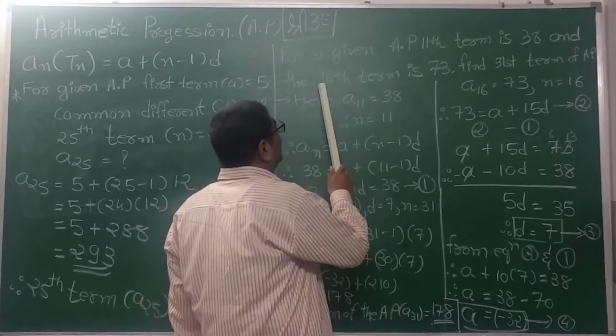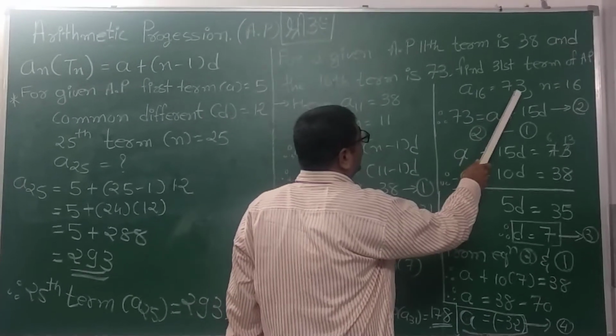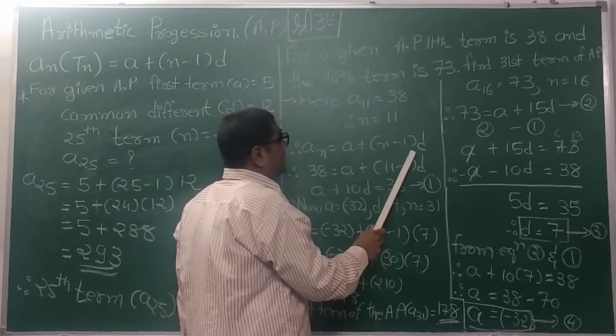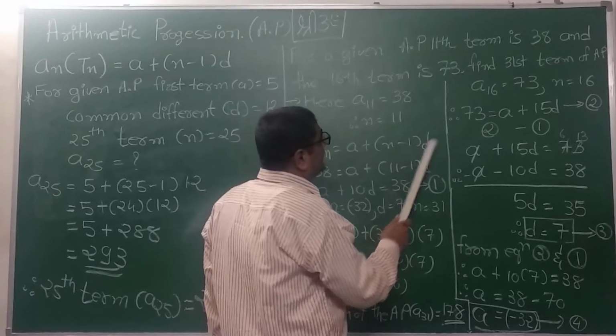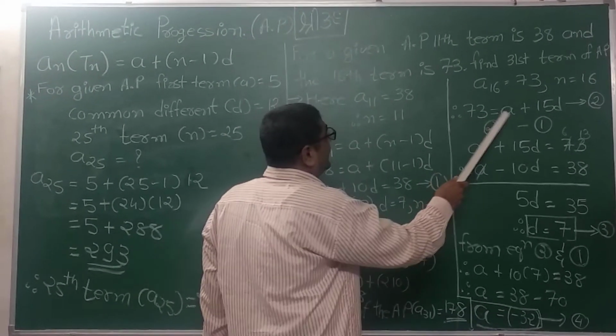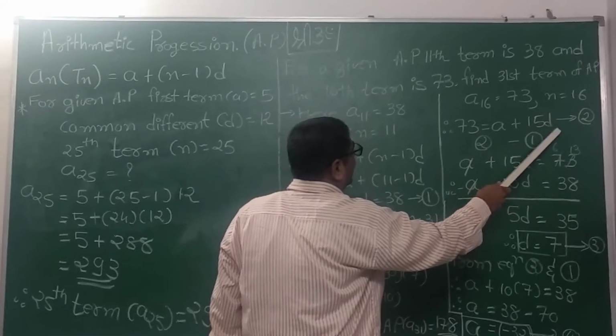Now the second relation: the 16th term is 73. So A16 is equal to 73, therefore n is equal to 16. We substitute this value in the formula an is equal to a plus n minus 1 into d. So instead of an, that is A16, 73, a remaining as it is, n is equal to 16, 16 minus 1 is equal to 15d.